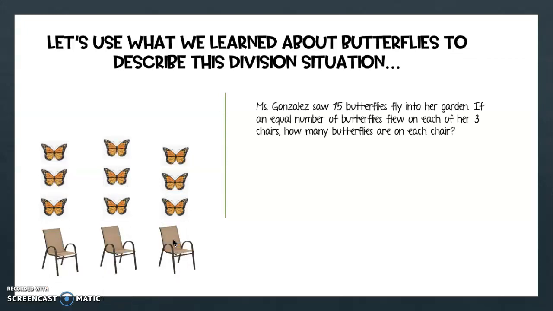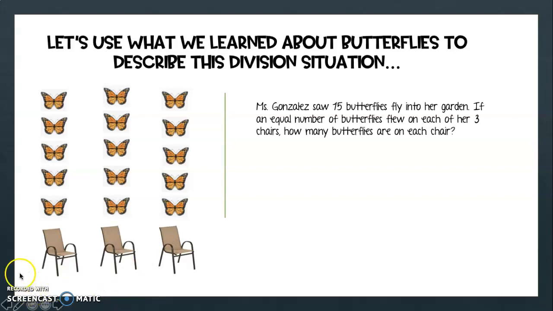Now remember, there are 15 total, so I must keep going until I have 15 butterflies. 10, 11, 12, 13, 14, 15. So all my butterflies have flown in and there are an equal number of butterflies on each chair.